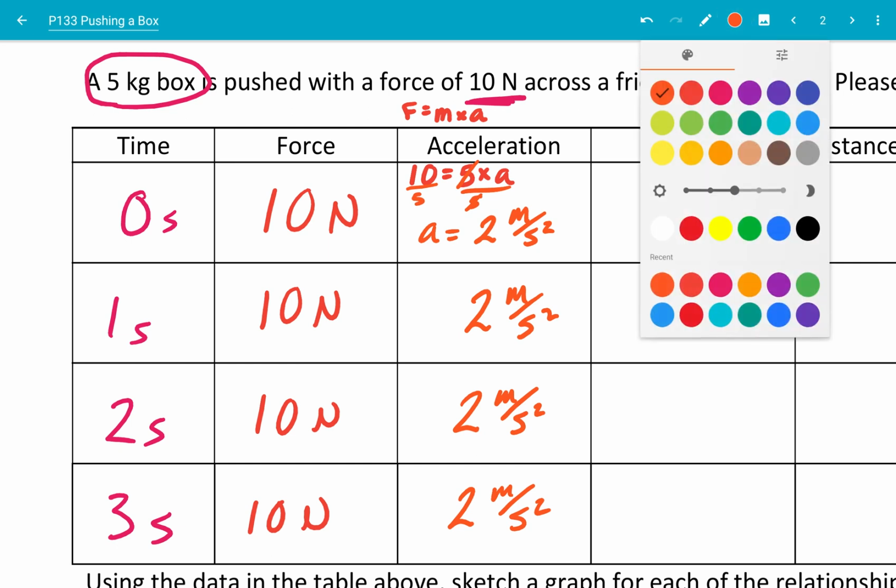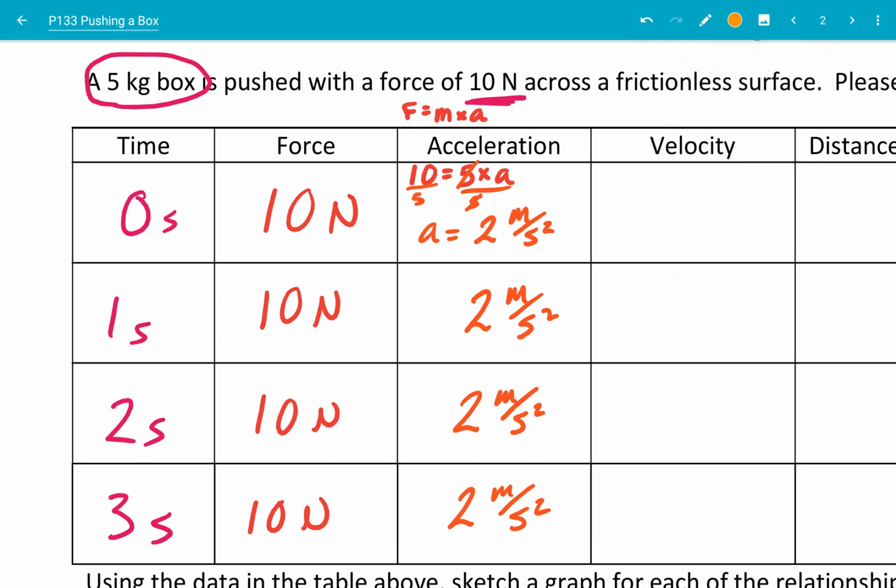Now, for the next bit, we're going to assume that the box starts from rest. And so its initial velocity is going to be 0 meters per second. But this box is accelerating, right? And every second, it's going 2 meters per second faster. That's why acceleration's 2.